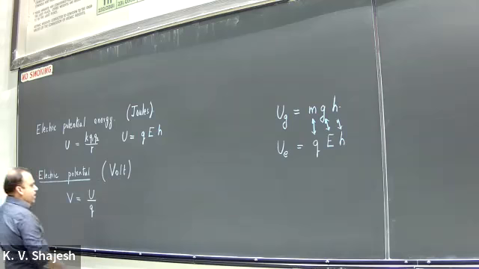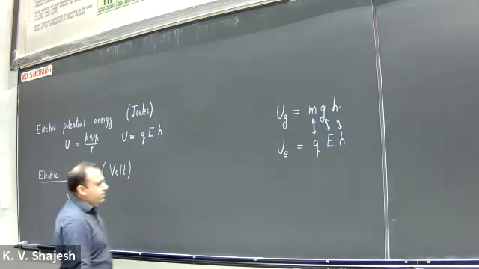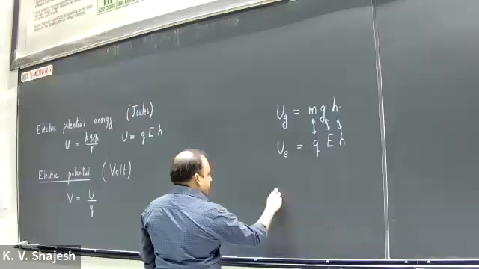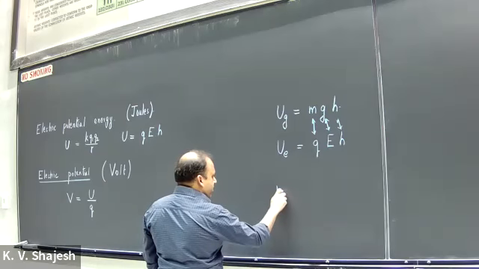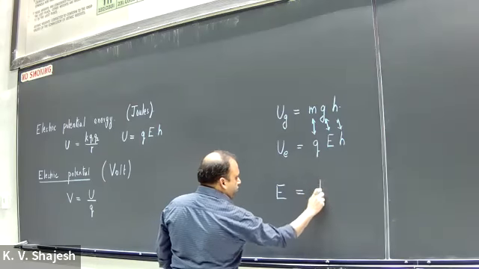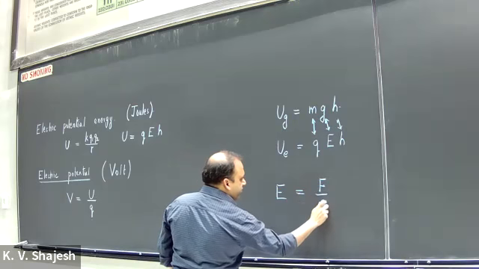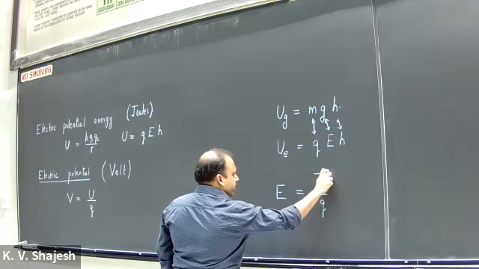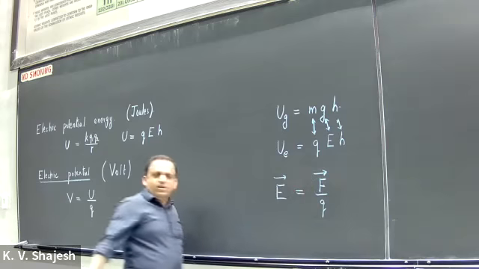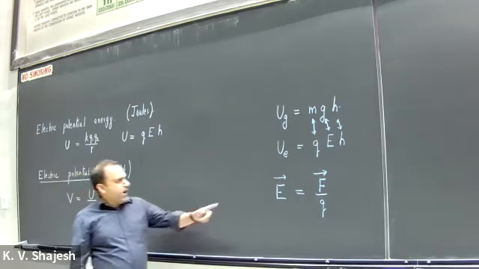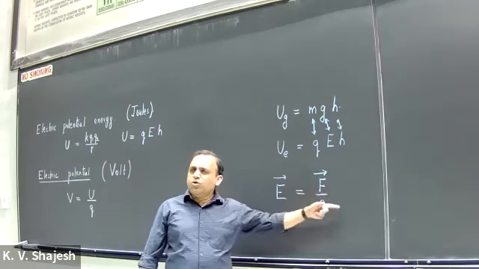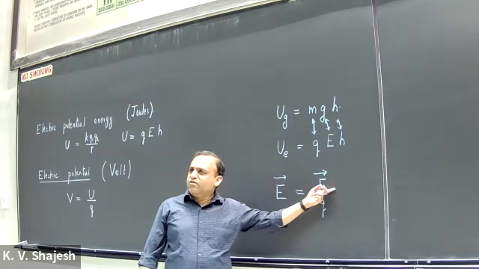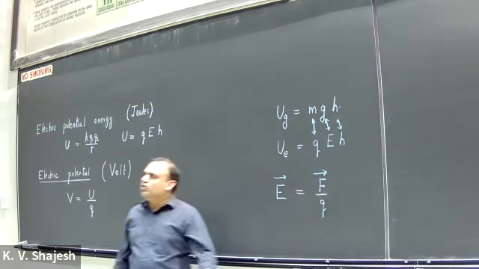This can also be thought of as a concept coming from the electric field. So electric field is force per unit charge, the vector, and you multiply by distance on both sides. The right side gives you an energy, the left side gives you the voltage.